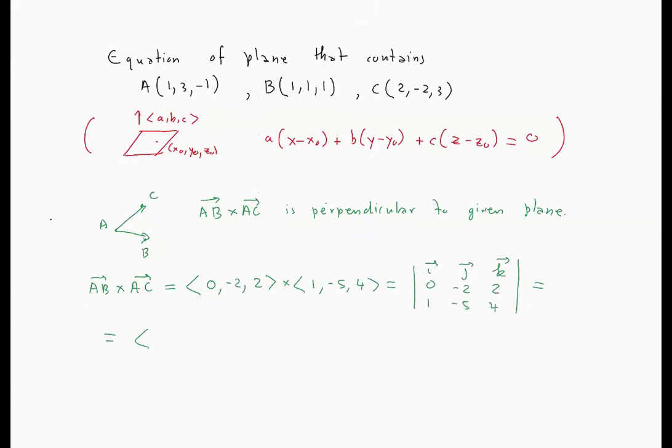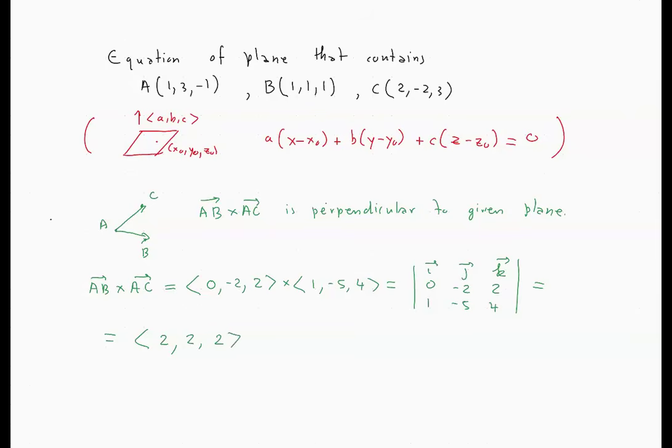And then delete the first row and the middle column. That will give you 0 minus 2, so it's minus 2, but since it's the middle one, it's going to be simply 2. And then delete the first row and the last column, and the determinant that you get is also 2. So the vector 2, 2, 2, in other words, is a normal vector to this plane.